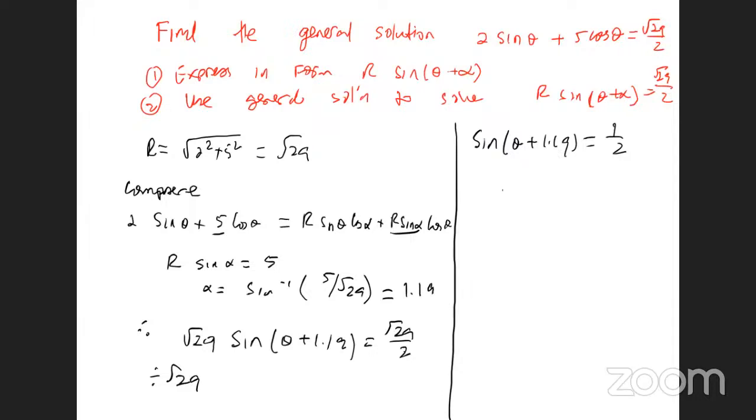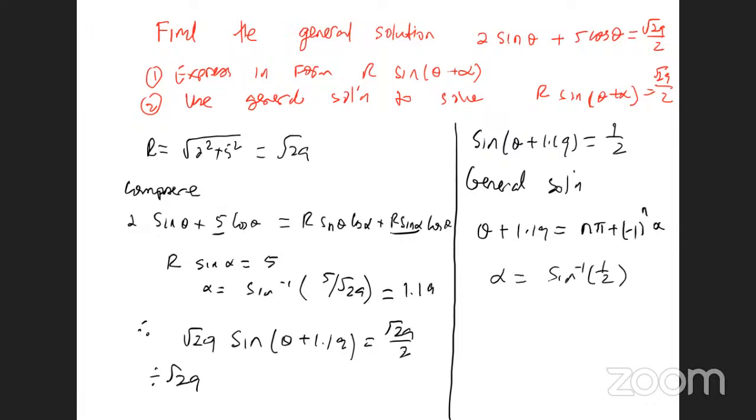So when you work it out now, remember the general solution is what we're trying to get. The general solution for sine will be n pi plus minus 1 to the n alpha. Alpha is sine inverse a half, which is pi on 6.